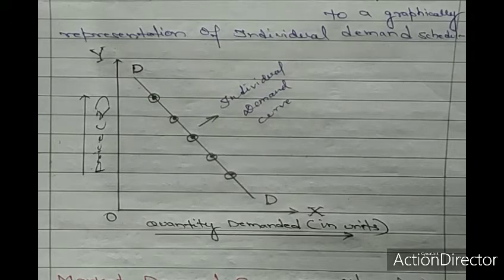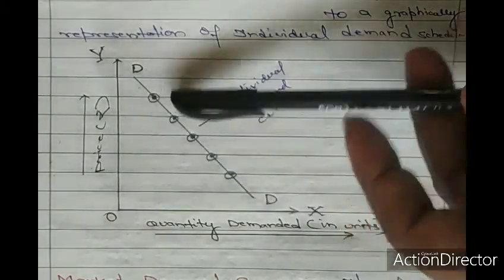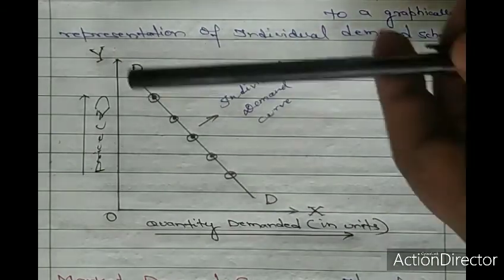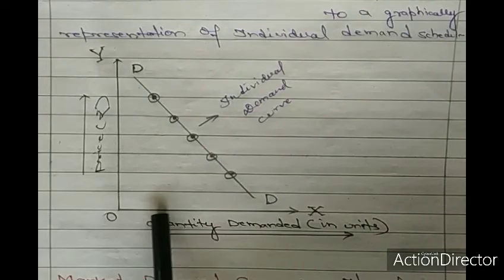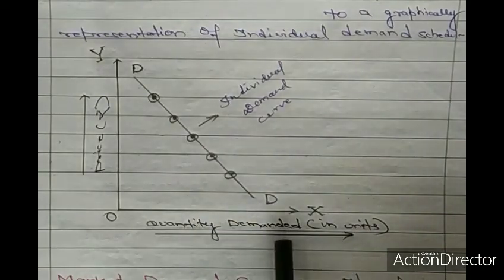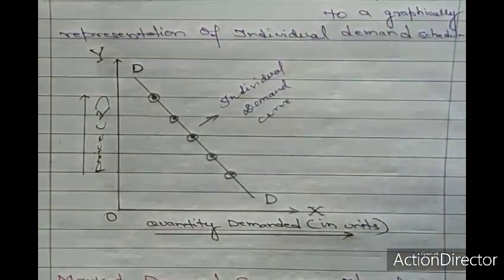In the same way, as we are reducing the price, quantity demanded is increasing, and that is why this demand curve has a downward slope. We have taken quantity demanded of commodity X on the X axis and price on the Y axis.